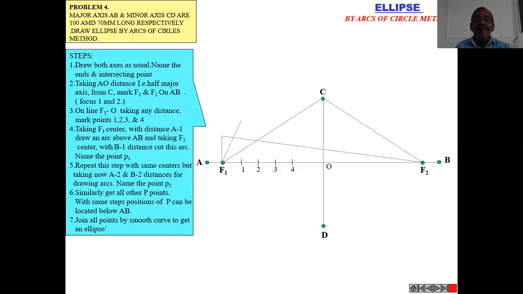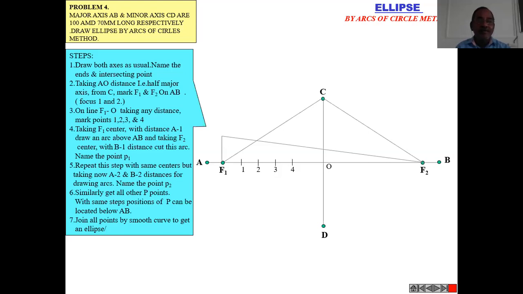Next, F2 as center, B1 as radius, cut that previous arc. Here you are seeing it, A1 as one radius, B1 as another radius. You are taking F1, F2 as centers to find one point.